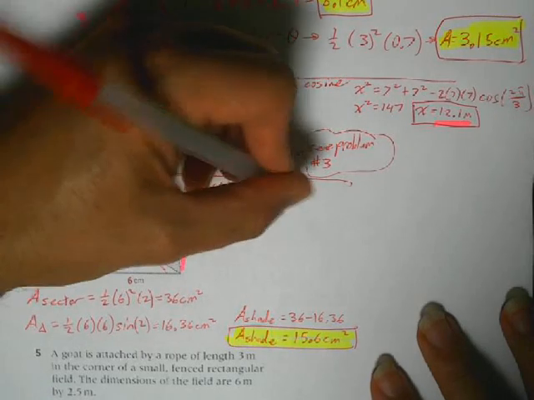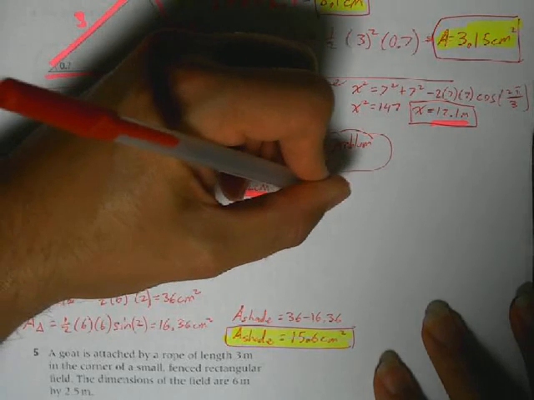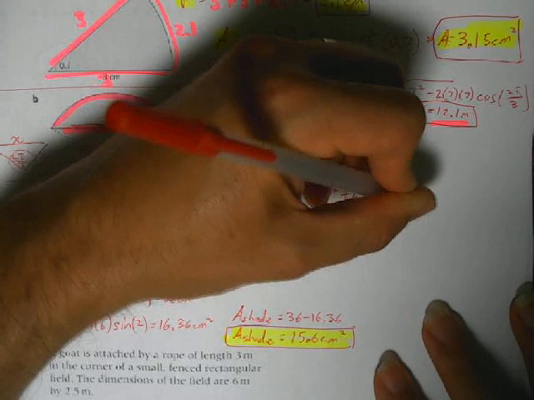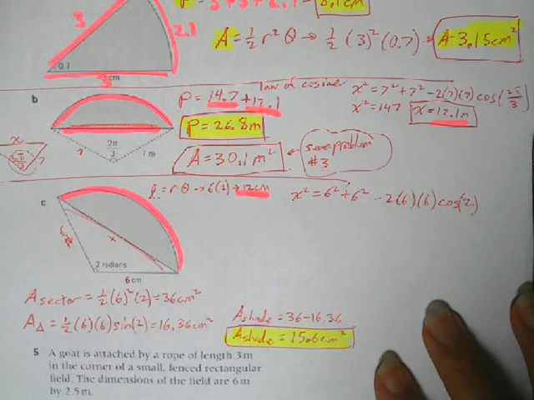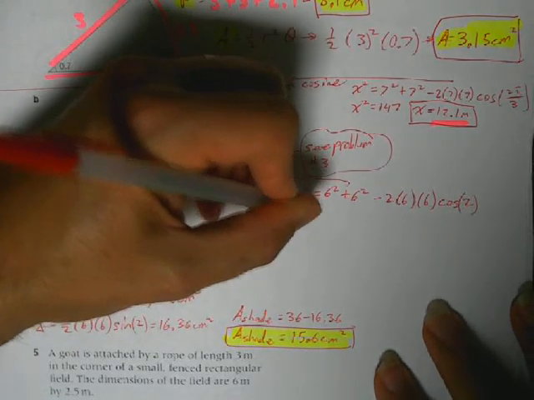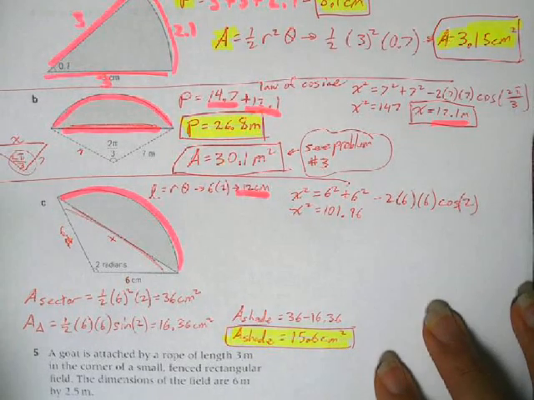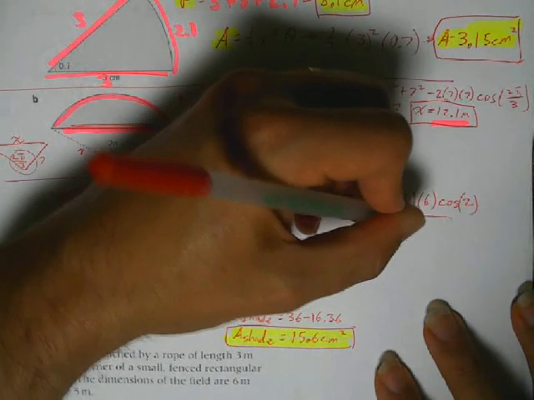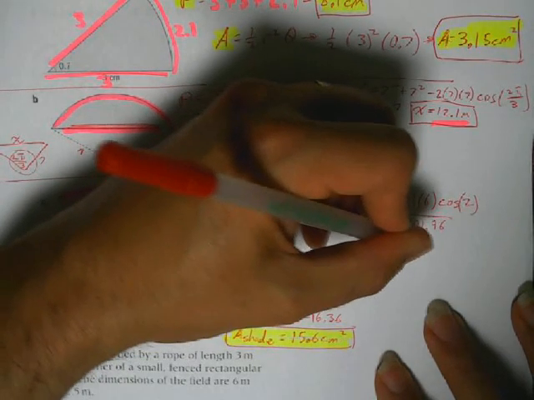Using the law of cosine, I've got x squared equals 6 squared plus 6 squared minus 2 times 6 times 6 cosine 2. If I simplify all that, I get x squared equals 101.96, and if I take the square root of that, I get x equals 10.1 centimeters.